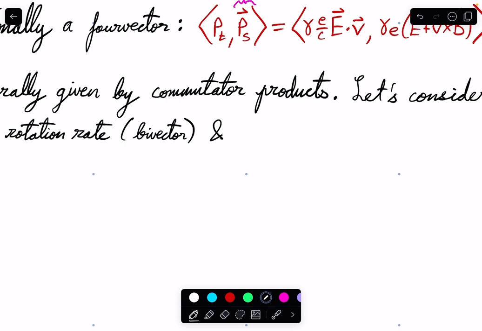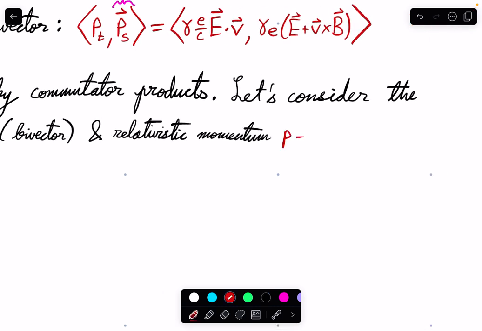So relativistic momentum P is equal to the mass times W, which W is the relativistic velocity. So you have gamma c, gamma v.